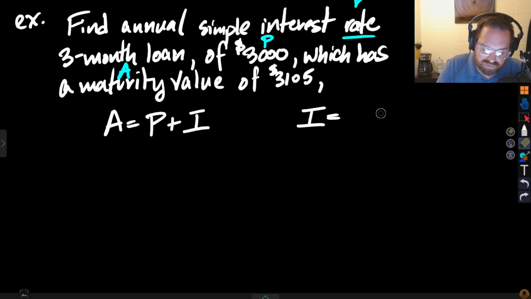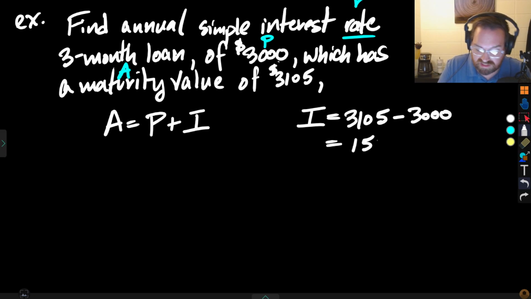But just look really quick at the words here. It has a maturity value of 3105, right? But I borrowed 3,000. So the difference between those two should be the amount of interest that I'm actually paying. I hope that makes sense. So 3105 minus 3,000 is actually the amount of interest that I paid.